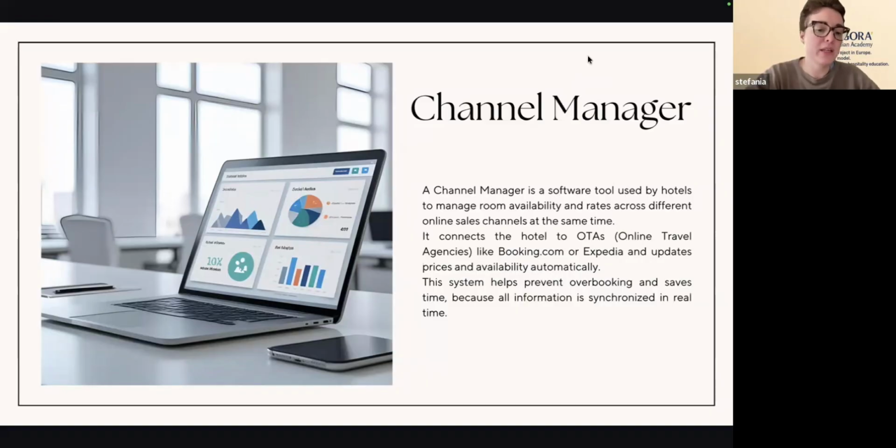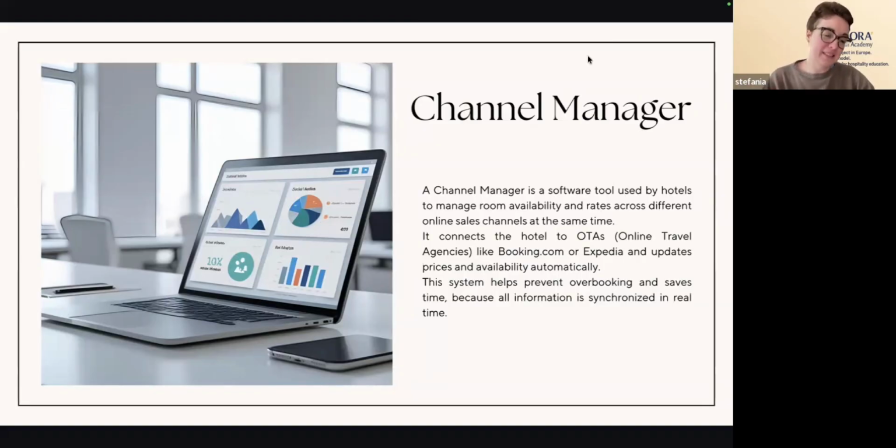And it is convenient and necessary today because when I was working at the beginning of my hotel experience, which is 2008, we used to open all the OTA pages. So we opened booking.com, Expedia, etc. And we had to write availability and price for every kind of OTA.